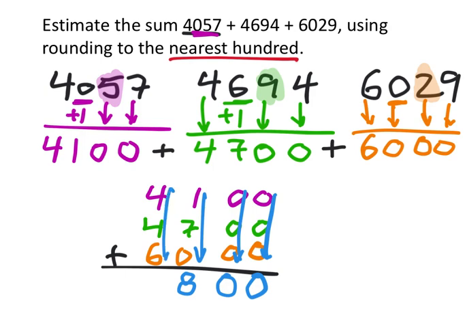And then the thousands place value, 4 plus 4 is 8, and then another 6 added to 8, so 9, 10, 11, 12, 13, 14. I get 14. So I'll just write that out as 14, because there's no other values in the 10,000s place value. So I end up with 14,800.